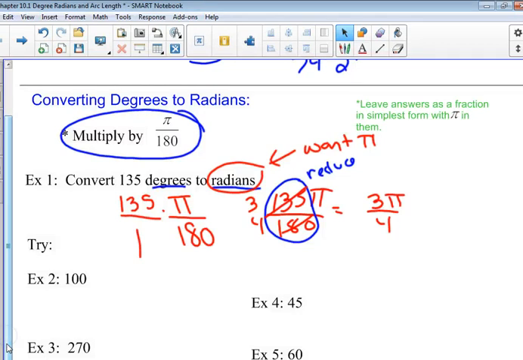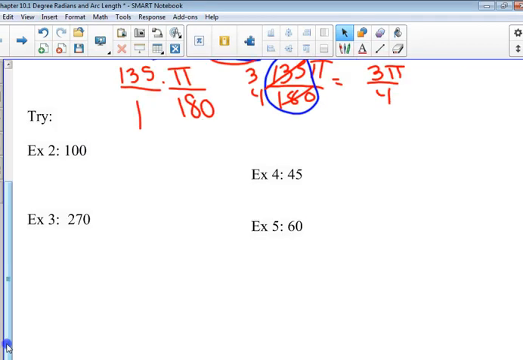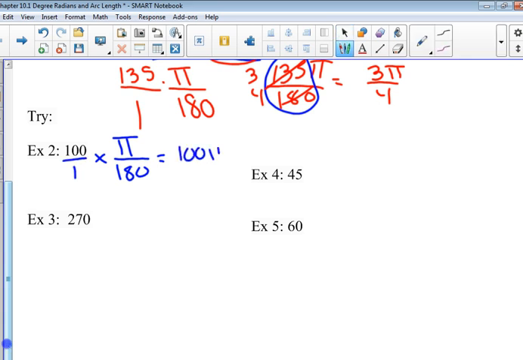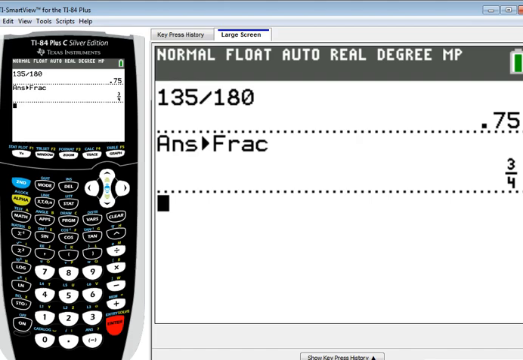Let me do another one with you guys. Okay, so I have 100 degrees and I want to go into radians. Since we want radians, we want a pi. So pi is going to go on top. Now when we do our multiplying, if it helps you to put this over 1, we can. So it's 100 pi over 180, and then we want to reduce the 100 and the 180.